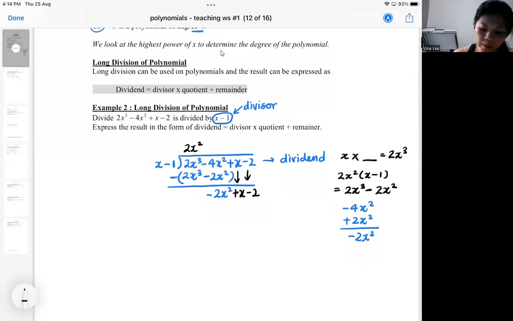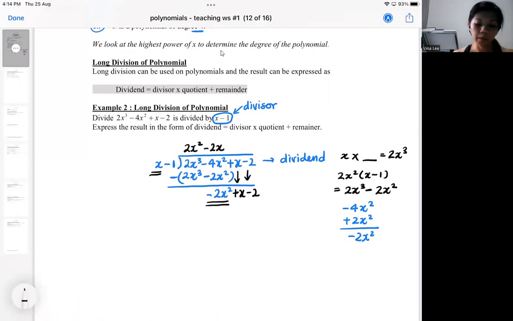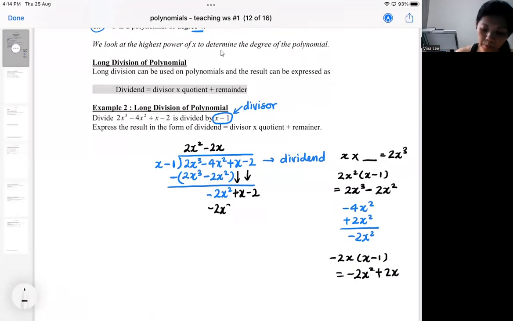I'm going to choose another quotient in such a way that x multiplied by this will give a minus 2x squared. So I should get a minus 2x. Minus 2x multiplied with the whole divisor gives a minus 2x squared plus 2x.